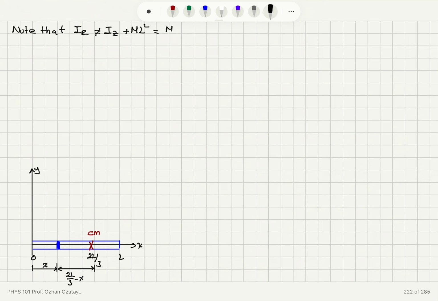This would be equal to M L squared over 2 plus M L squared, which is 3 M L squared over 2. So that's not equal to that. And why is that?